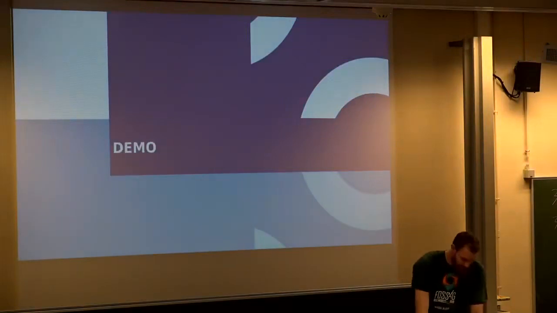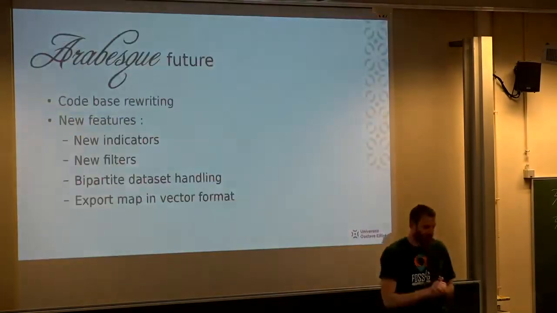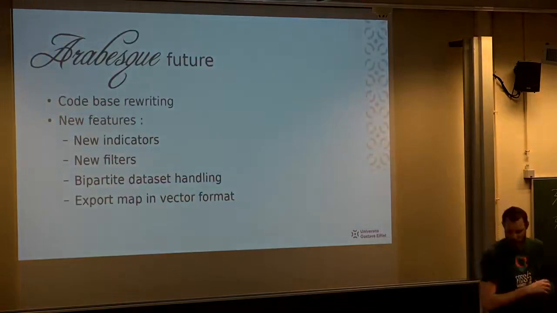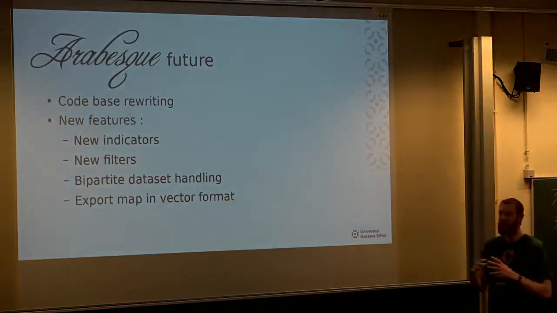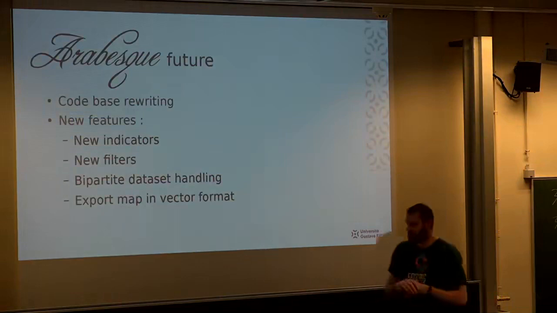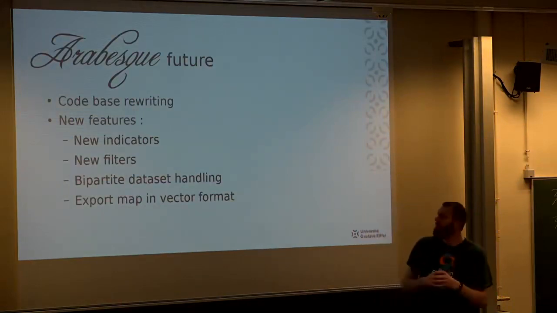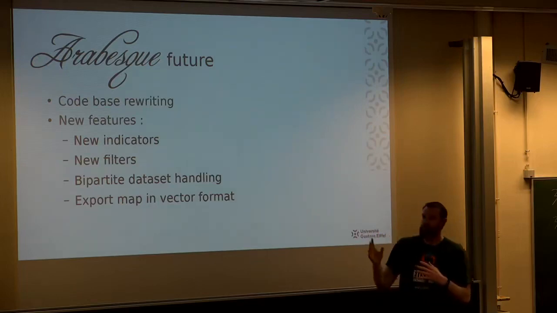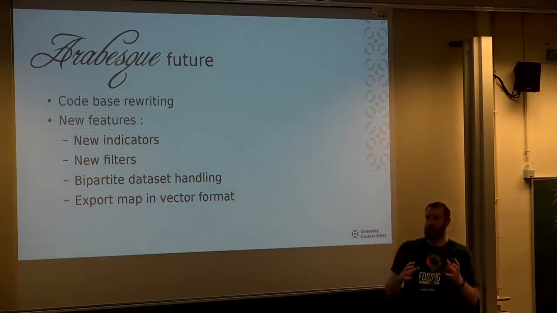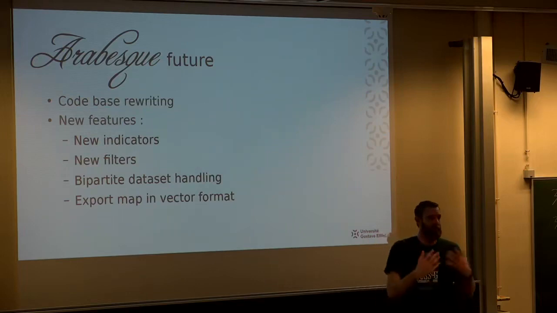Let's talk about the future. So for the future, in the coming year, we plan to rewrite the code base. This is the first release. There are still some bugs, and we want to add new features. But before that, we want to rewrite. We made a viable product, something working.